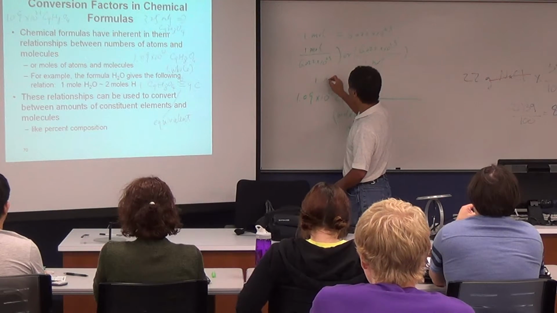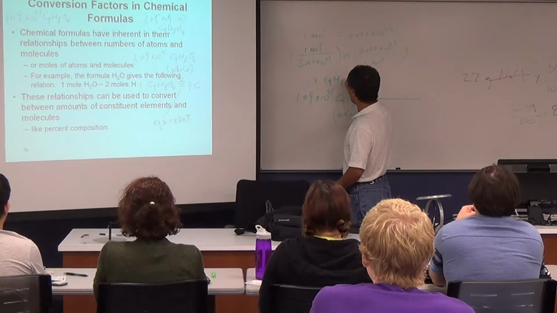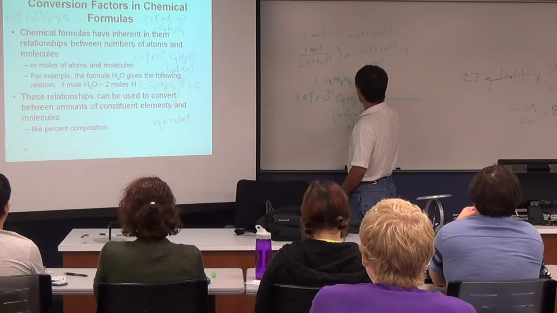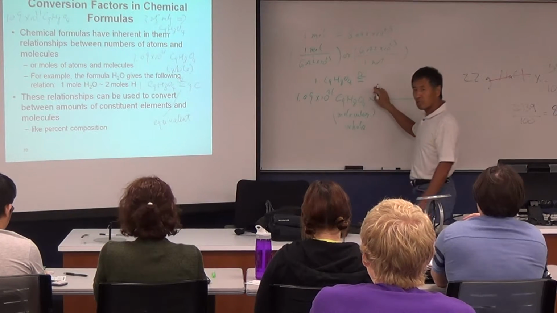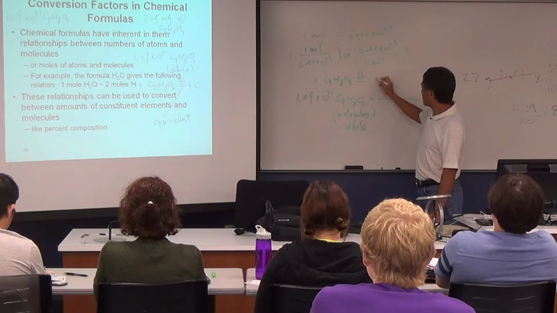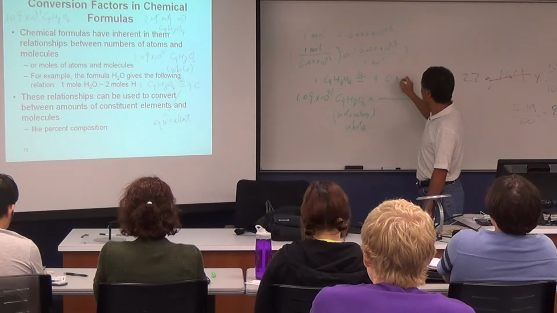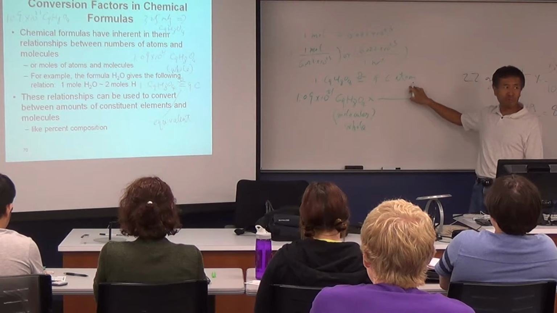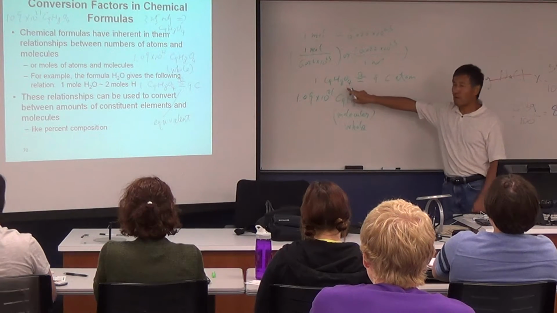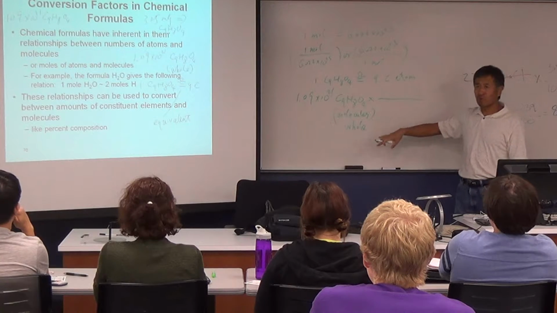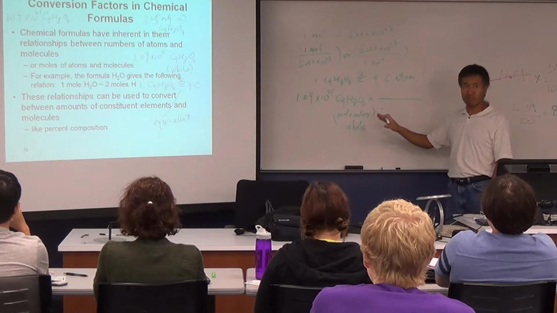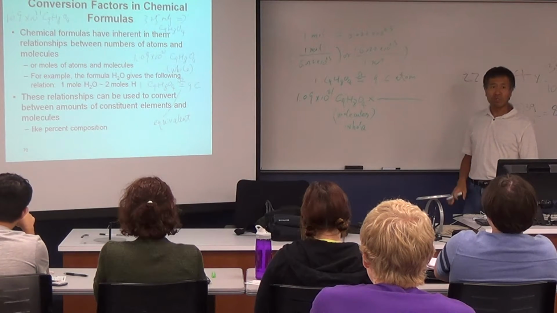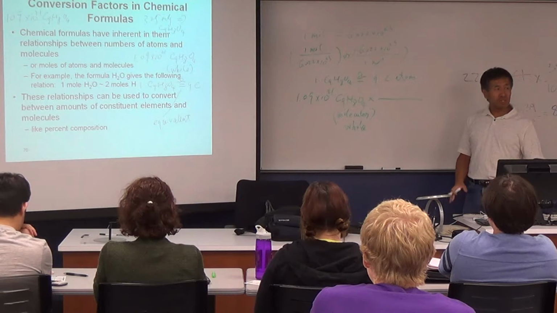So for every one C9H8O4 is equivalent to 9 C atoms. You can talk about 1 mole or 1 molecule. Obviously, what we get is that amount of molecules, not moles, so you can use the same unit.